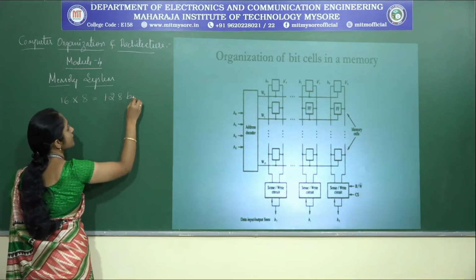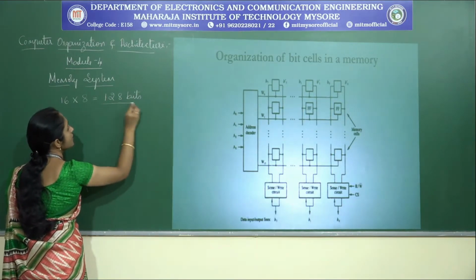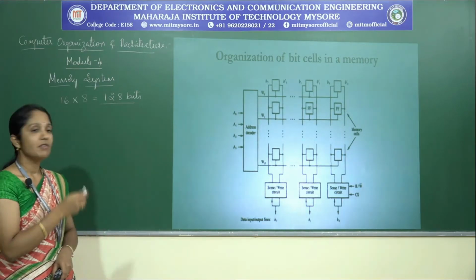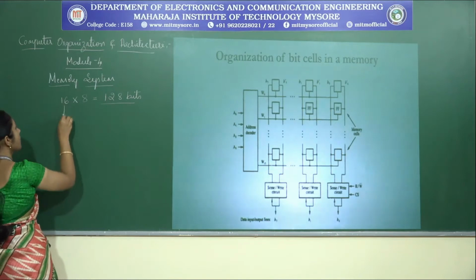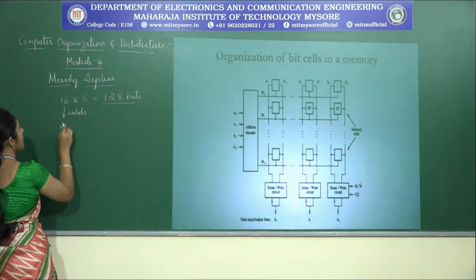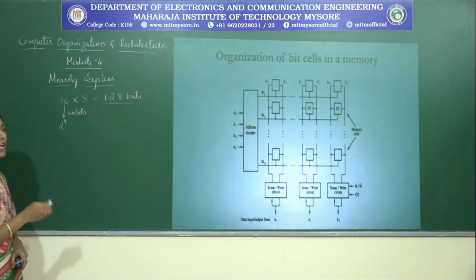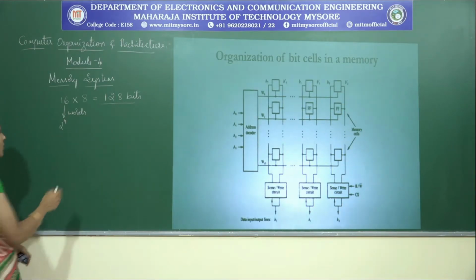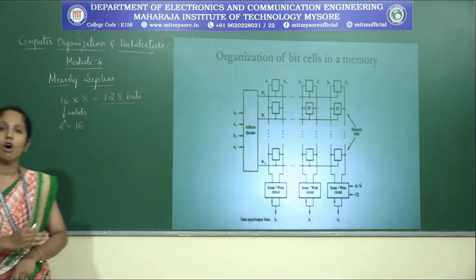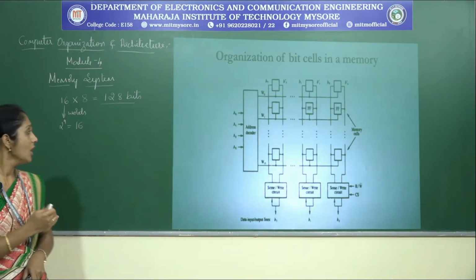So here we have considered a very small memory, able to store 128 bits of information. Since we have 16 words, a 4-bit address line is sufficient to address all 16 words in the memory.